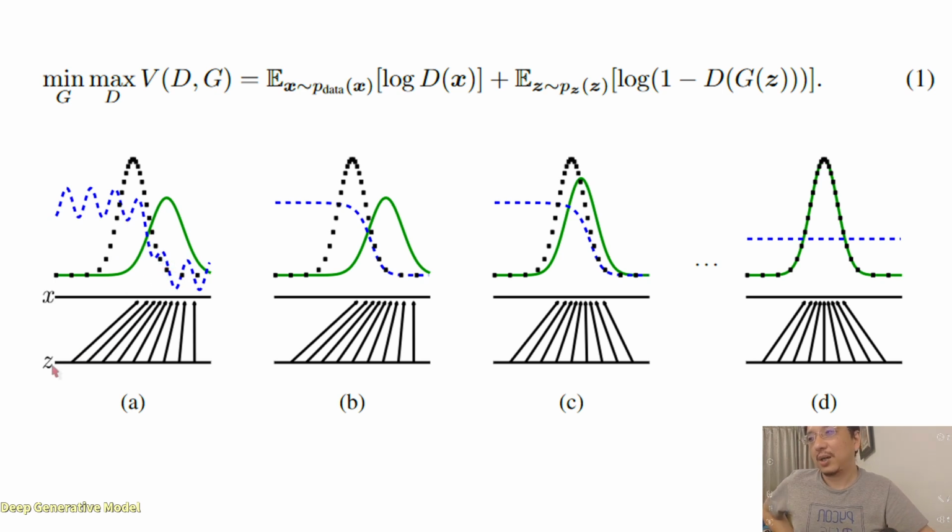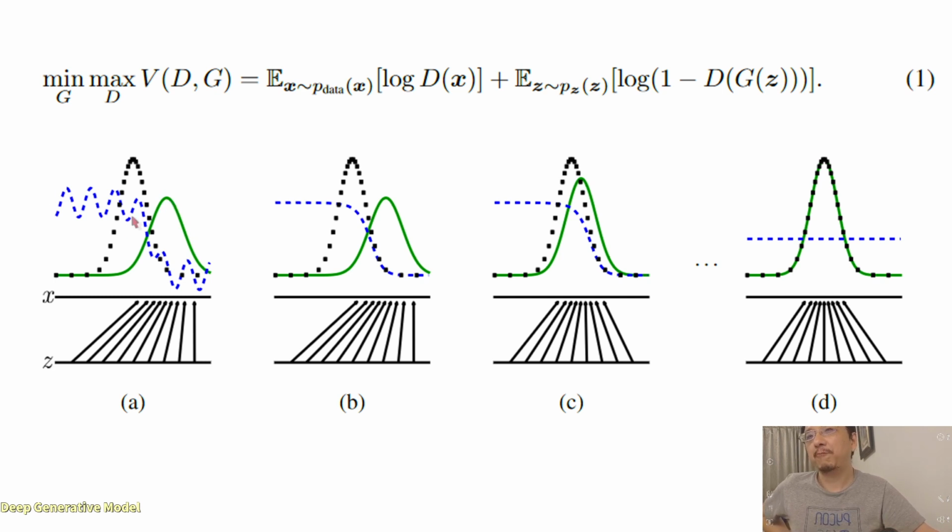That score is between 0 and 1, and tells how good the sample is. Because this is the latent space, this one generates an image right here, and this one generates an image right here. Because it is denser right here, the green curve is higher at the peak at this point.